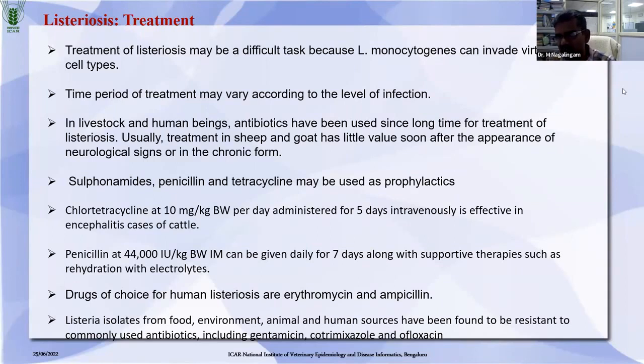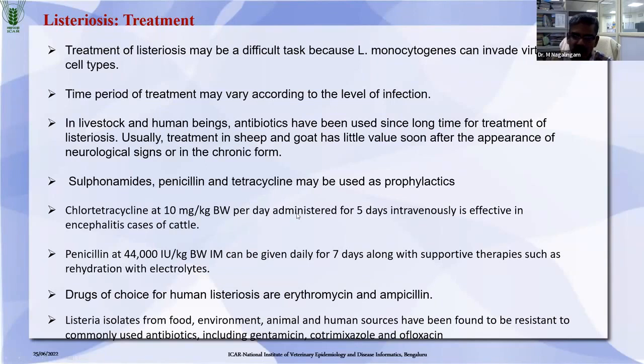Whereas in abortions and other complications, we don't lose the animal. In septicemia, death occurs. In abortions, death won't occur, but we lose the young ones. So if the farm is suffering from Listeria, as a prophylactic measure for other susceptible animals, we can try sulfonamides, penicillin, and tetracycline.